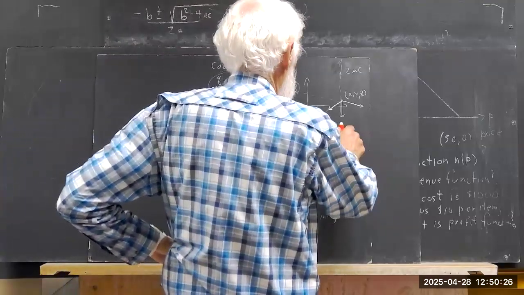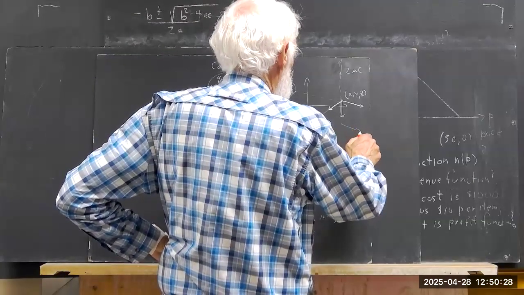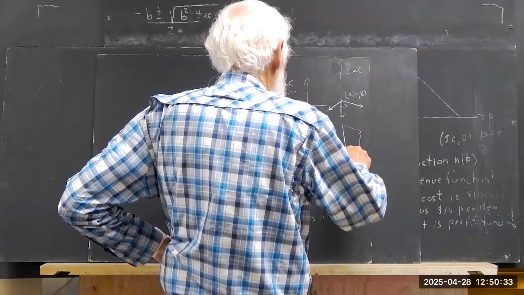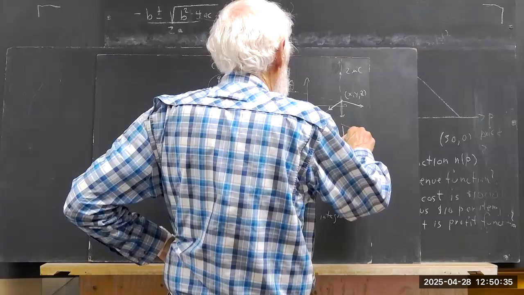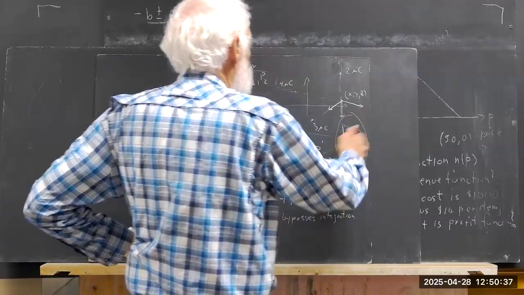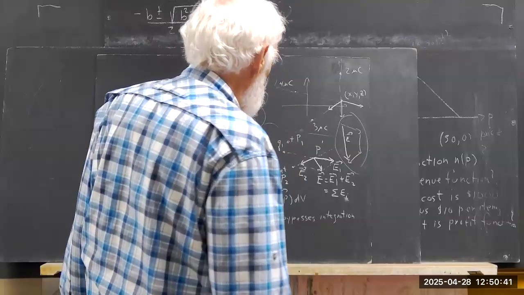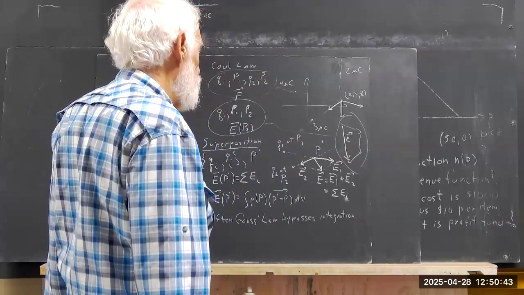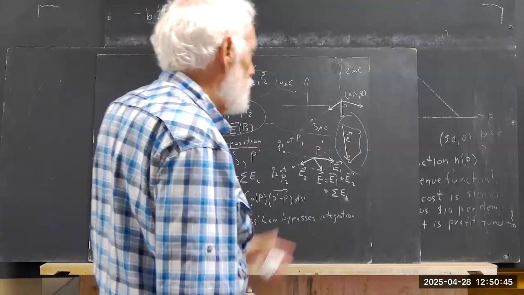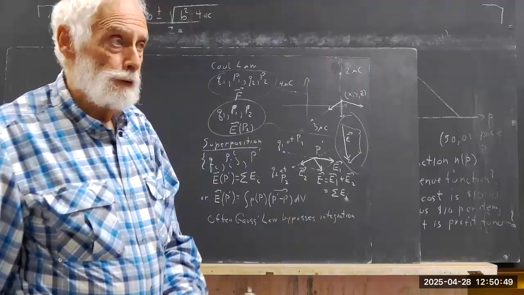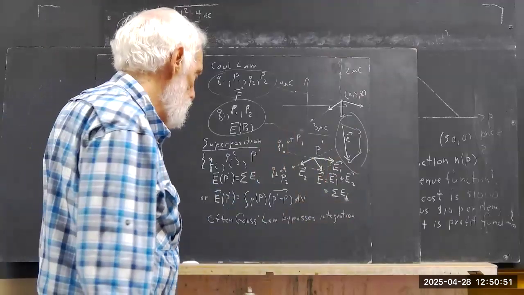Your net force might be found by the polygon method. Add them up, find out. When I say force, your net electric field might look like this at this point. As far as the details of calculating, that's all very straightforward. You know how.